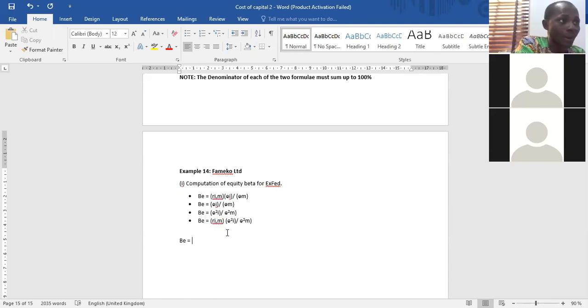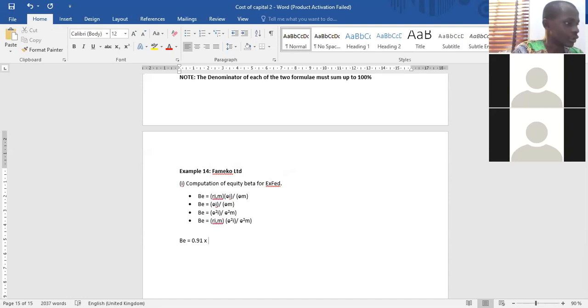So that is 0.91, the correlation between XFed subsidiary in US and the market return. That is this one you see here. So I bring that correlation, 0.91, multiplied by the standard deviation of XFed, the investment of the company, the XFed US subsidiary.